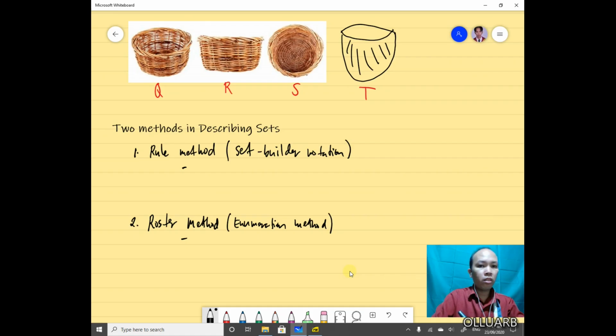For the rule method, the definition is something like this.